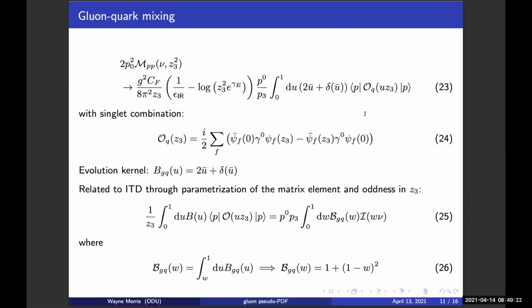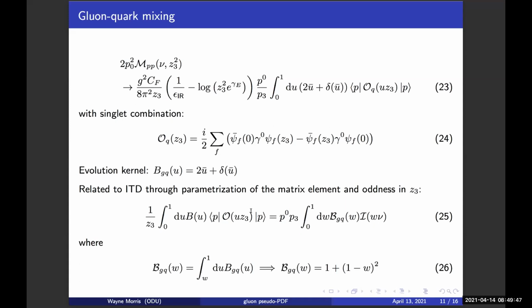This needs to be manipulated a bit to get into the form we want, especially to deal with this 1 over Z3 term. Well, again, it's fine because this goes to 0 as Z3 goes to 0, so there's no issues there. That's not like a singularity or anything.